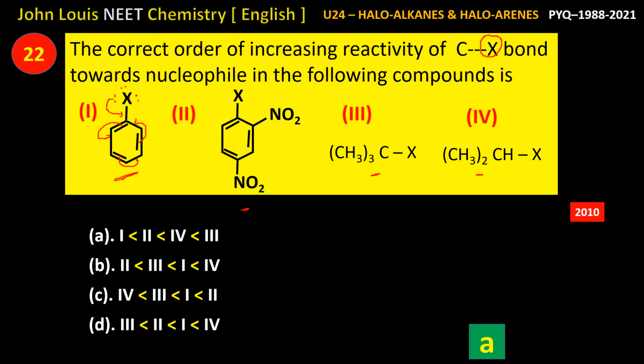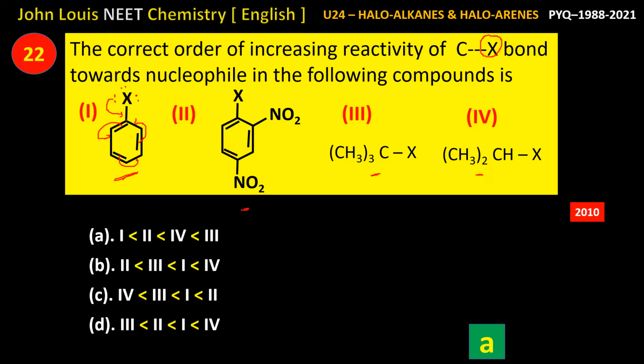They are in resonance. Therefore, there will be a partial double bond between the halogen and the benzene ring. Therefore, it is very tough to break. That is why the C-X bond in aryl halogen compounds, that is, where the halogen is directly bonded to the benzene ring, are not more reactive, they are less reactive.